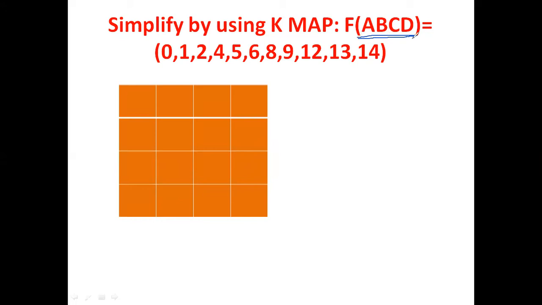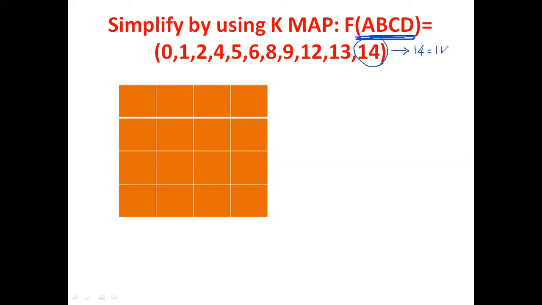How did I find it? Since a four variable function is given, and also we can determine it based upon the maximum number given in the problem. Take that maximum number, 14, and write the equivalent binary.